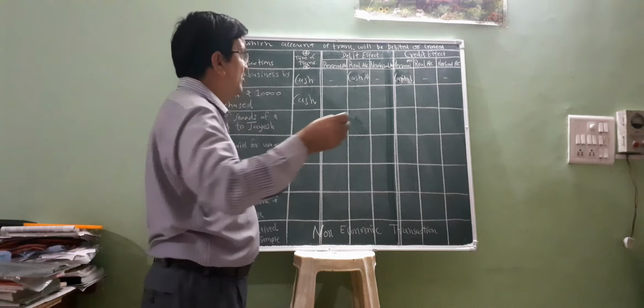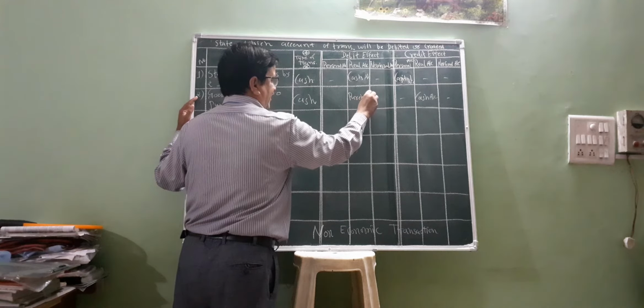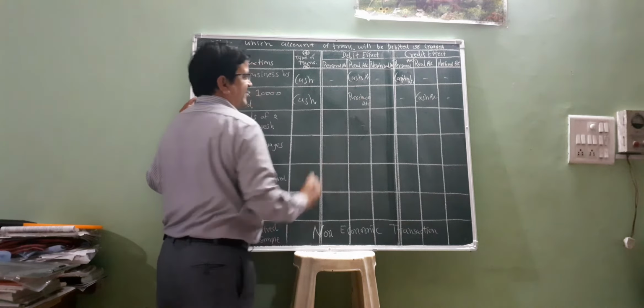Goods is another real account. When goods come in, it is the purchase account, a real account, so purchase account debit. So the entry is purchase account debit to cash account credit.